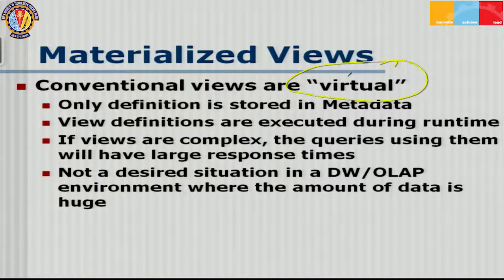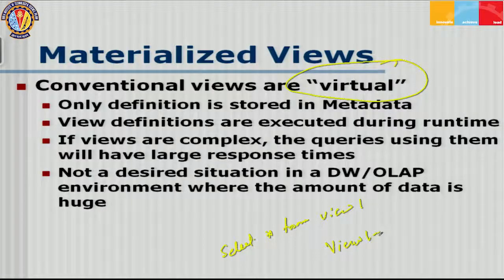And if views are complex, the queries using them will have large response times, right? So suppose I say a query, select star from view 1, and view 1 is actually defined as a join of R, S and T, and R, S and T are big relations.